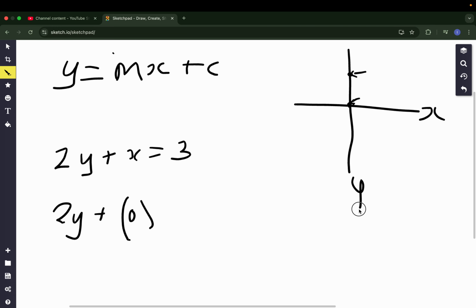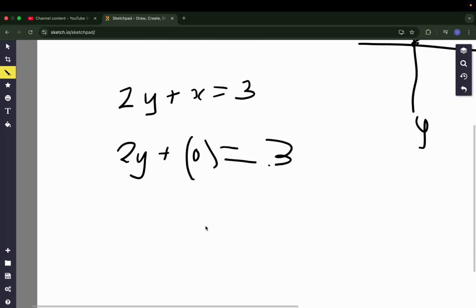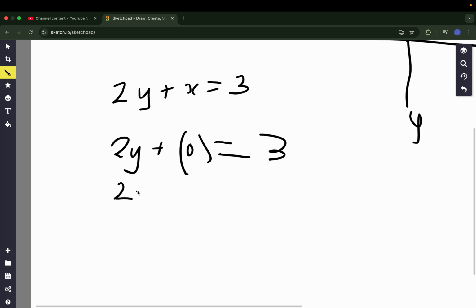This is x and y, and we're trying to find how far up y is on the y-axis. But to do that, x has to be 0, and that equals 3.